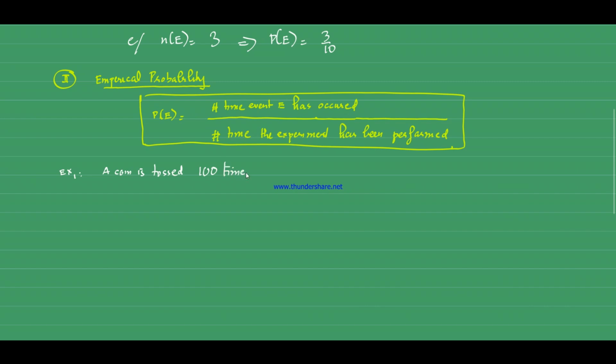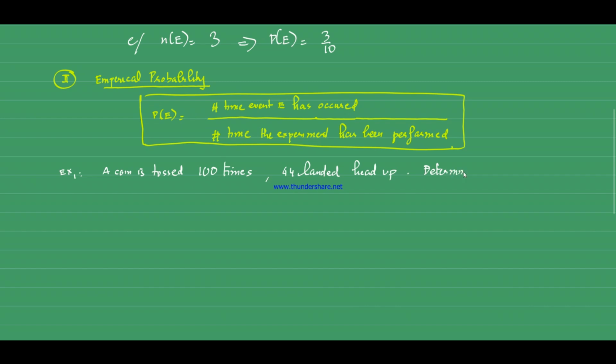So it's not just a coin, but this coin is tossed 100 times, and 44 landed heads up. You know the coin has only tail and head, but out of the 100 tosses, 44 of them are heads up. Determine the probability of the coin landing heads up.